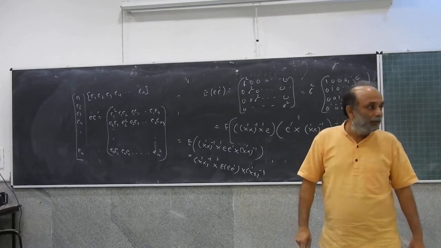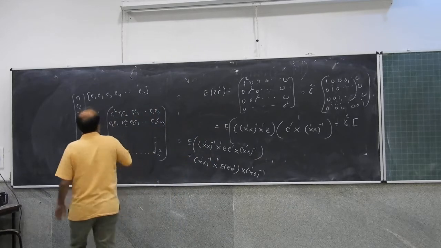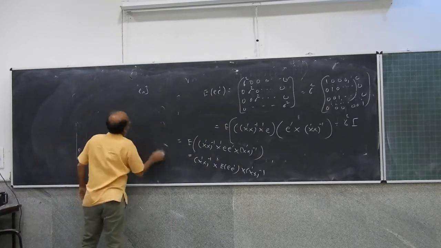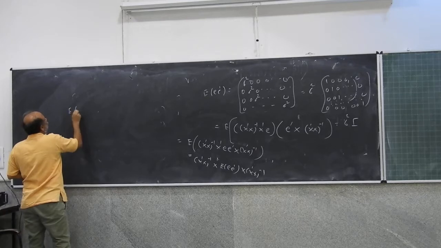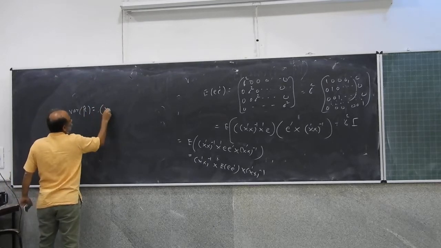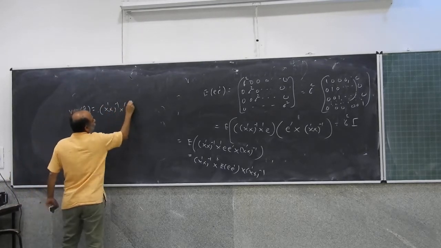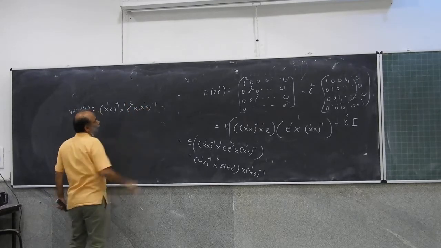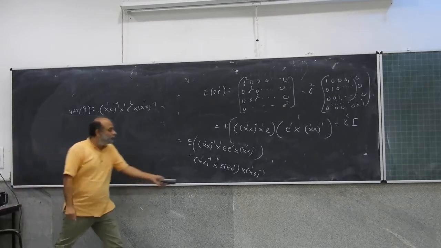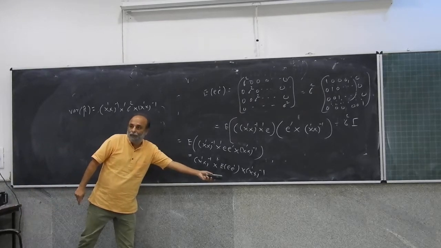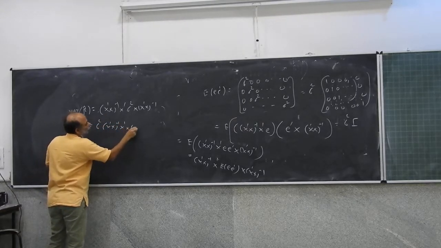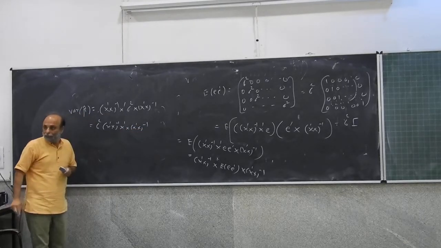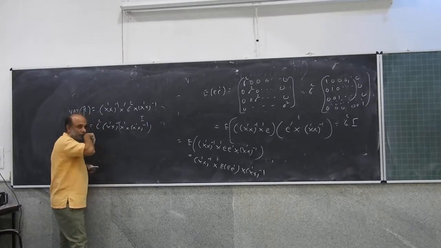So if there is no autocorrelation and no heteroscedasticity, this quantity can be written with sigma square taken out common, and this will then become the identity matrix.